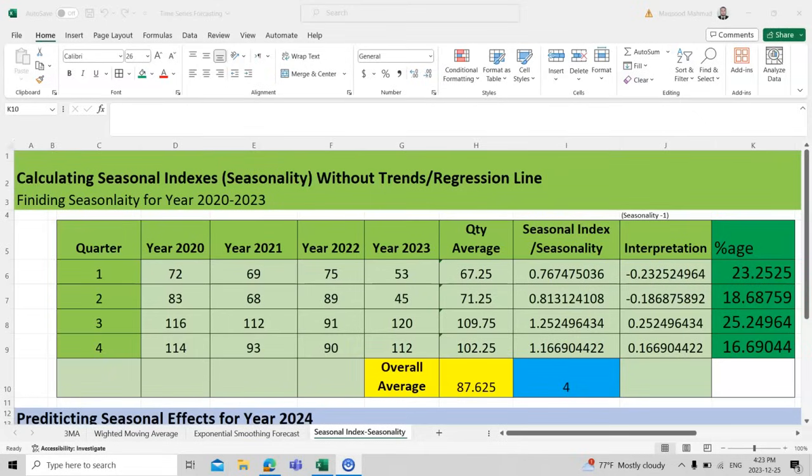You can see that we have the demand for certain products, for example ice cream. For ice cream we have different months, like January, February, March.